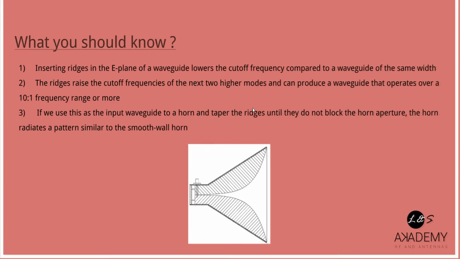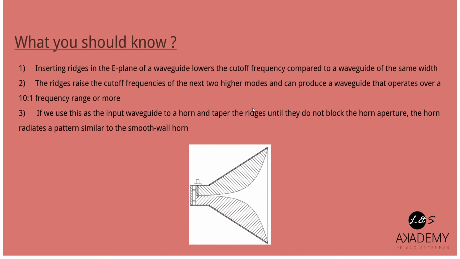So what should you know about this kind of antenna, the double ridge antenna? The first point is that inserting a ridge in the E plane of a waveguide lowers the cutoff frequency compared to a typical waveguide with the same width.